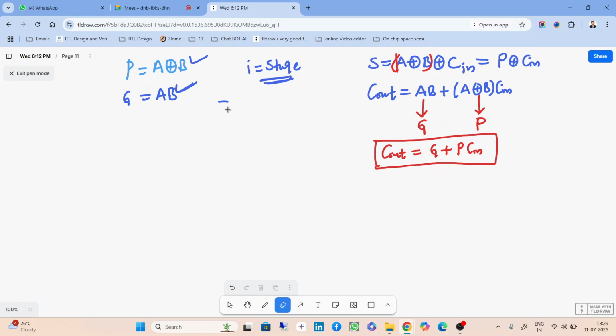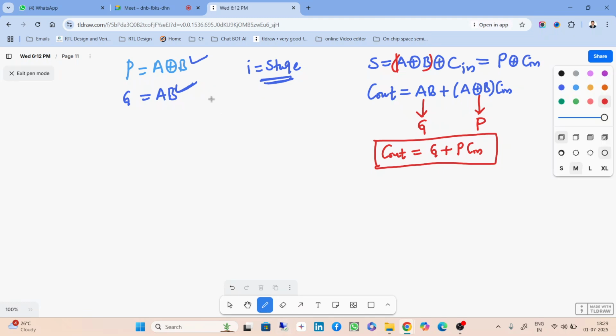Now see here in general form, i is the stage. You can write Si equal to what? Tell me. Pi XOR Ci. And Ci plus 1, the next carry, equal to what?